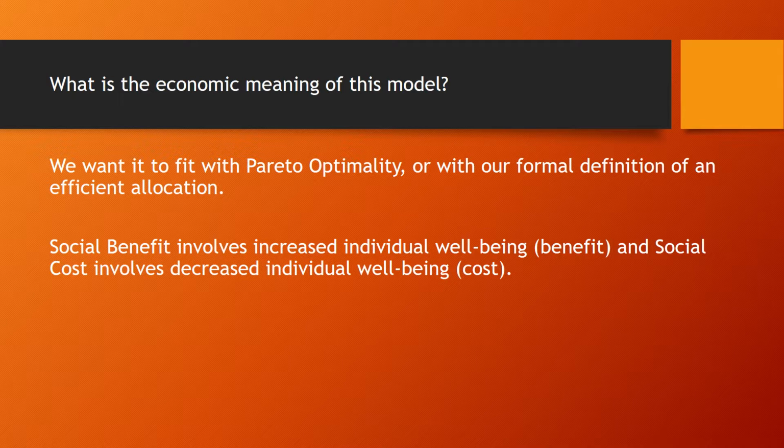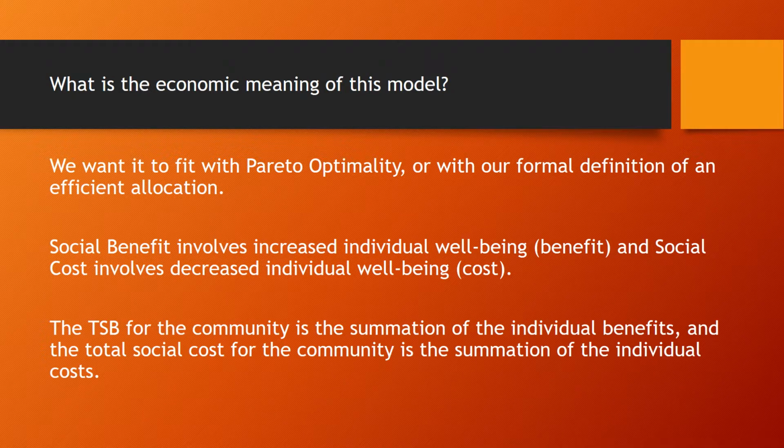If a person is better off, she enjoys a benefit. If a person is worse off, she experiences a cost. When we say total social benefit, we mean the summation of all individual benefits in the community, and by total social cost for the community, we also mean the summation of all the individual costs in the community.